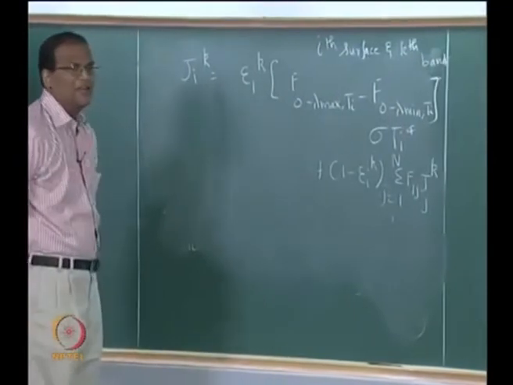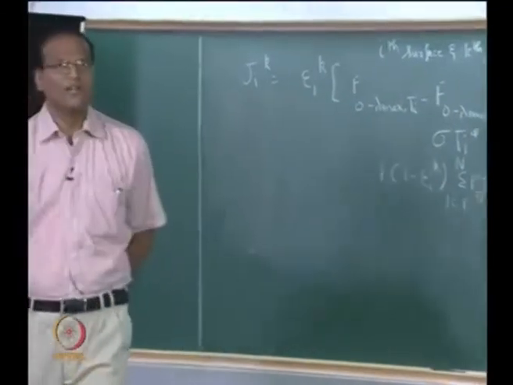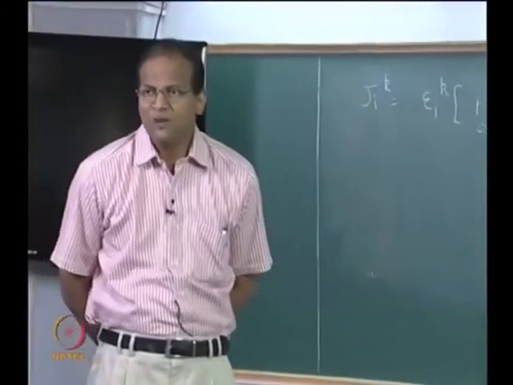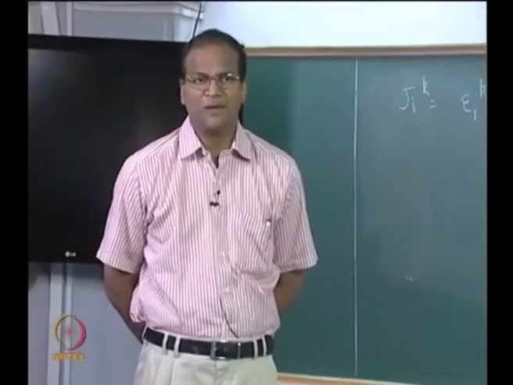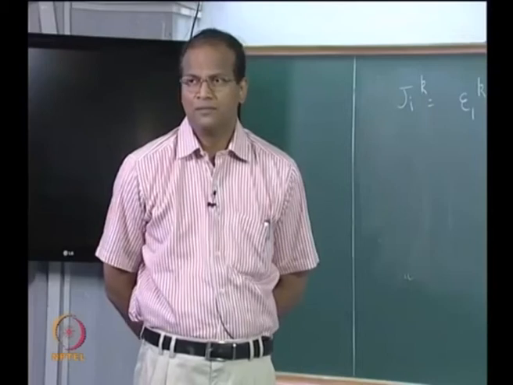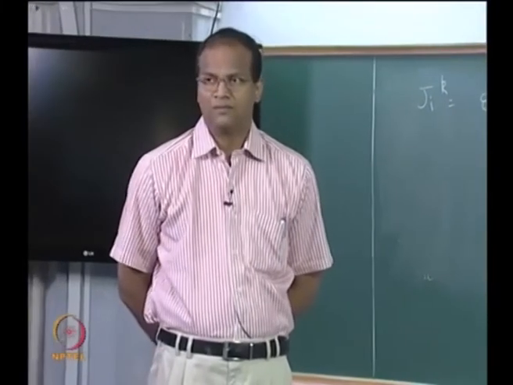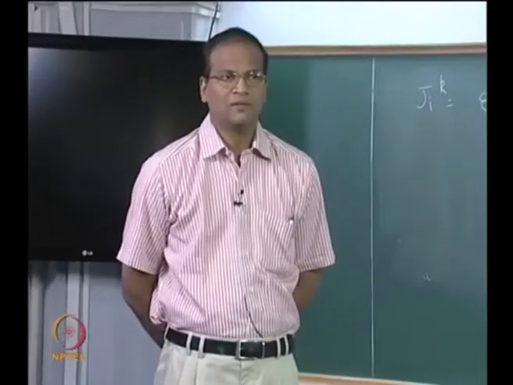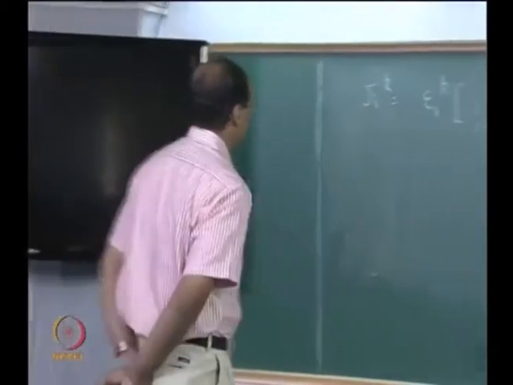Here i is varying between 1 and 2, k is also varying between 1 and 2. We will have only 4 equations, 2 sets of equations that can be solved simultaneously to get J11 and J21. Second set of equations, are you getting the point?